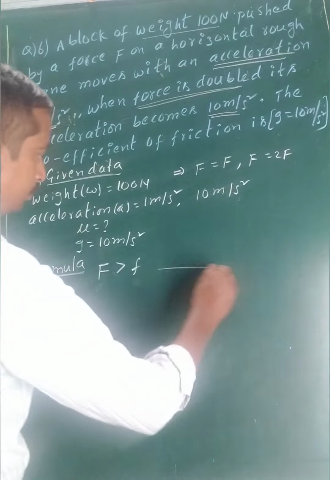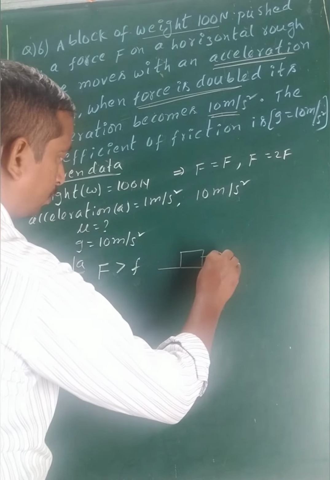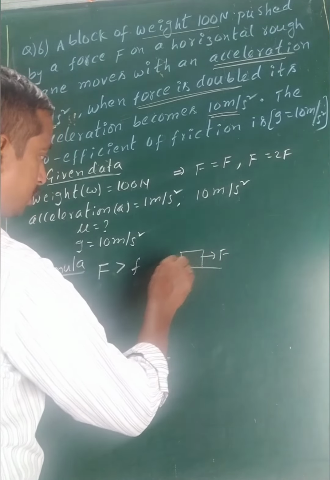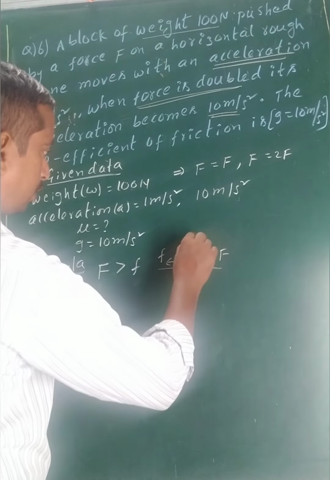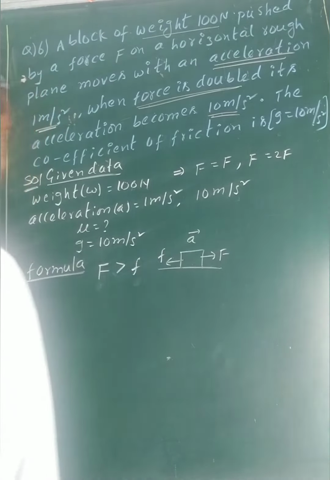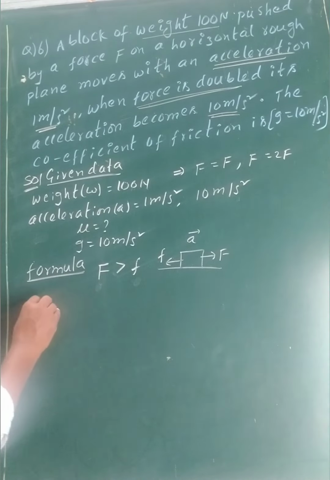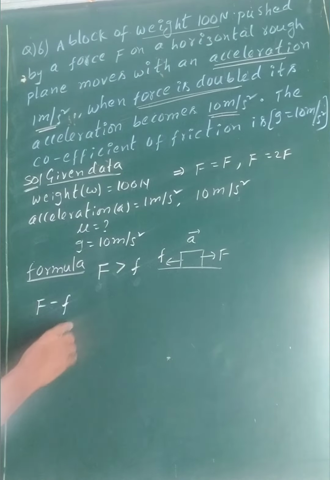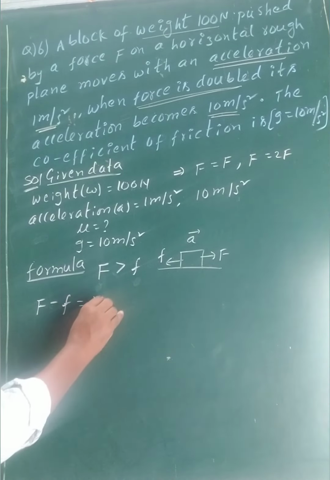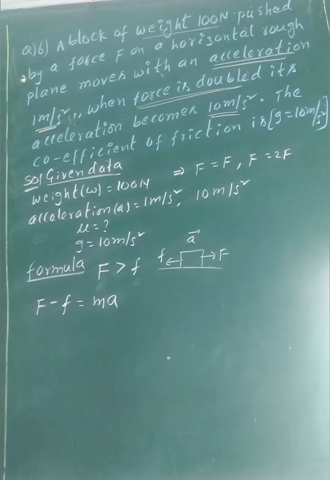Here this is the applied force and this one is the frictional force. Unbalanced forces, then what do we get? Acceleration. So applied force is more, frictional force is less. Due to that, we get an acceleration in the body. That is mass into acceleration.